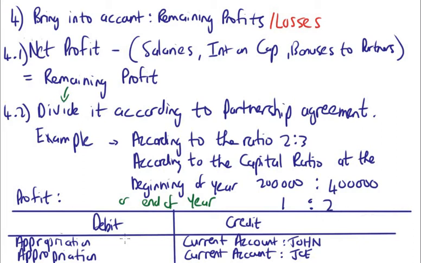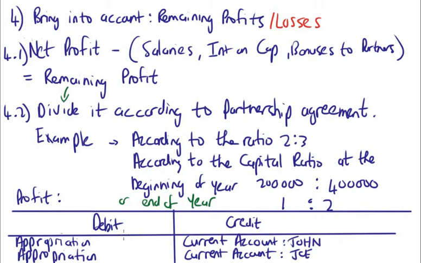And then what you're going to debit in each case is the appropriation account, if it's a profit that was made, because then it's the remaining profits. And you're going to credit current account John with his portion of the remaining profit. And then you're going to debit appropriation and credit current account Joe with his portion of the remaining profit.